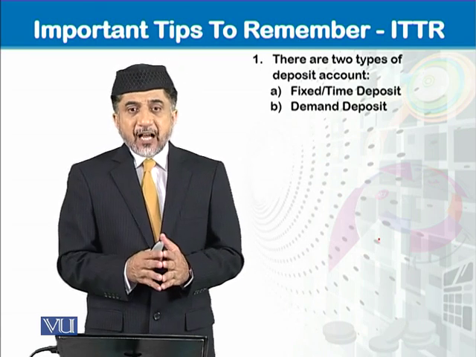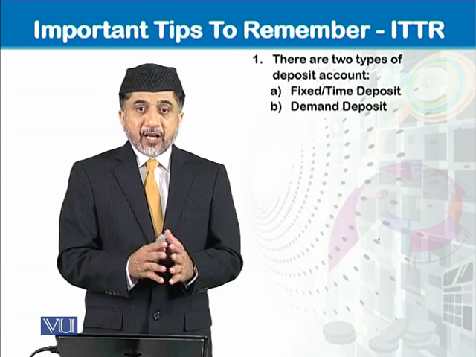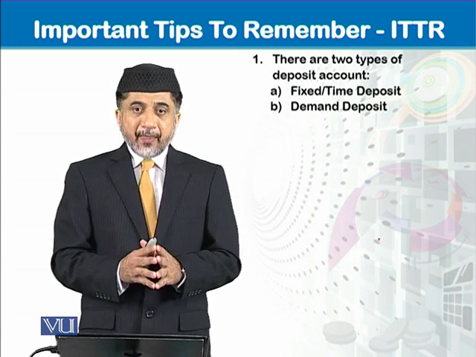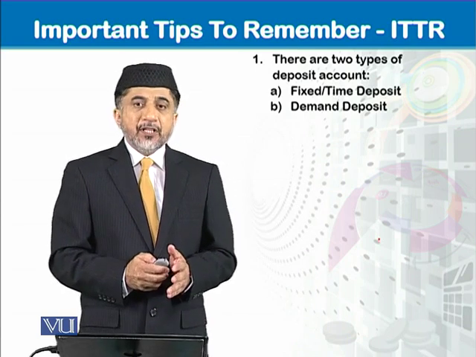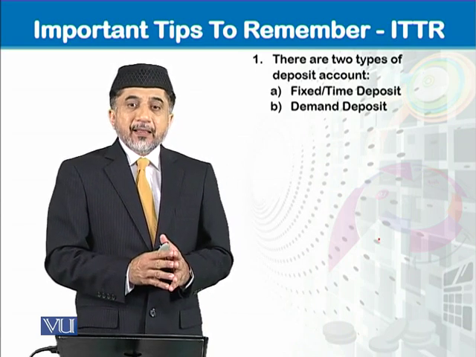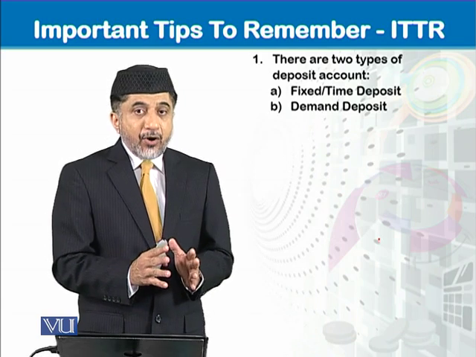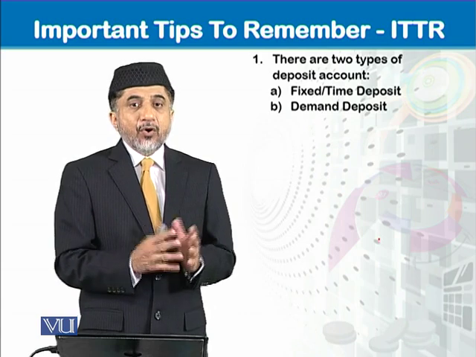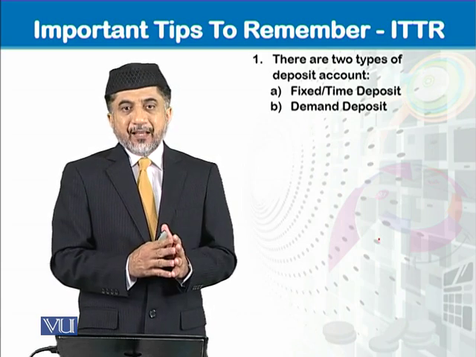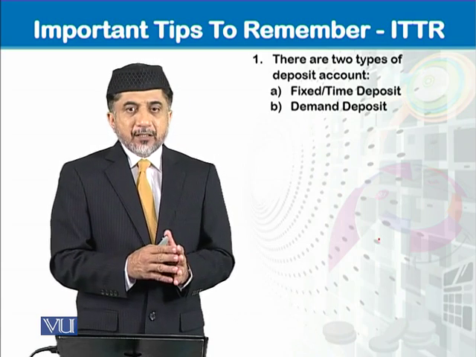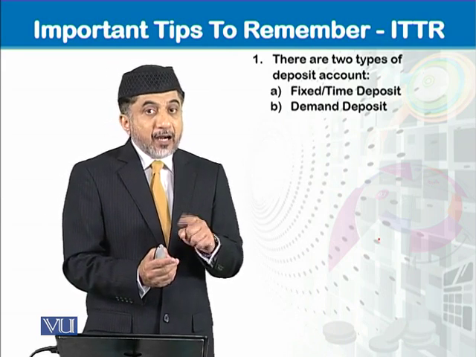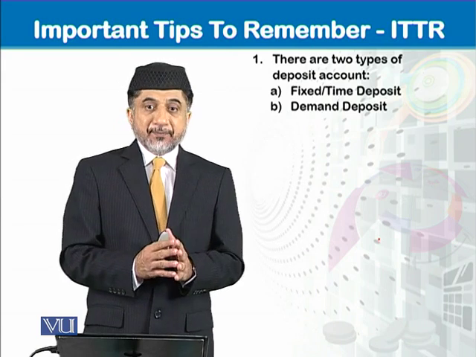And the second type of deposit account is the demand deposit. When we say demand deposit, it means that we can withdraw cash from our account on demand. So whenever we demand, the bank is obliged to pay our deposited money to us.